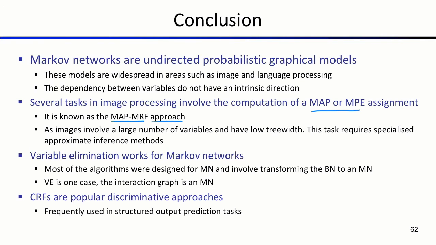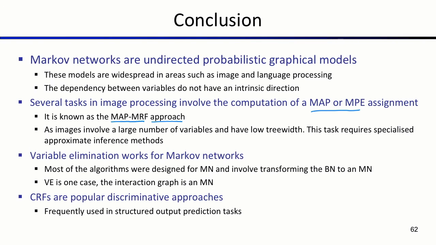And when we are dealing with this MAP MRF, we frequently use some specialized approximate inference methods. That happens because the number of variables that we are working with is usually very high. For instance, in image processing, it's common to associate one variable per pixel.